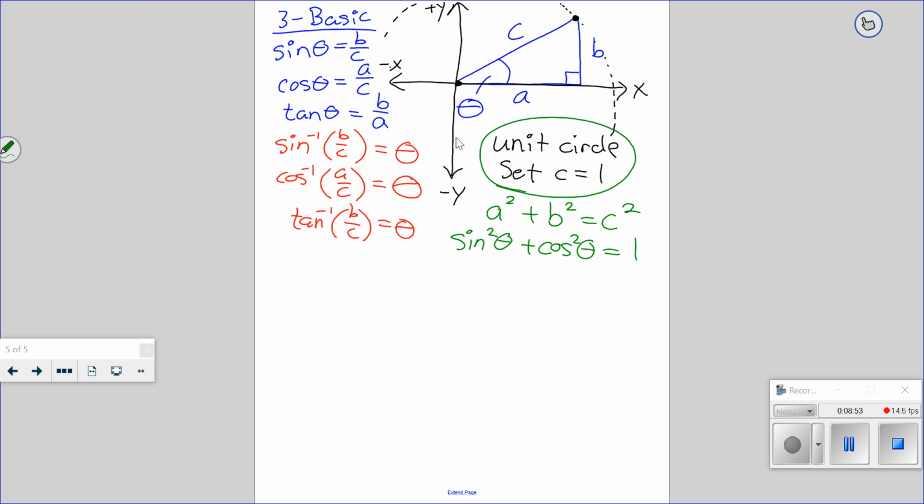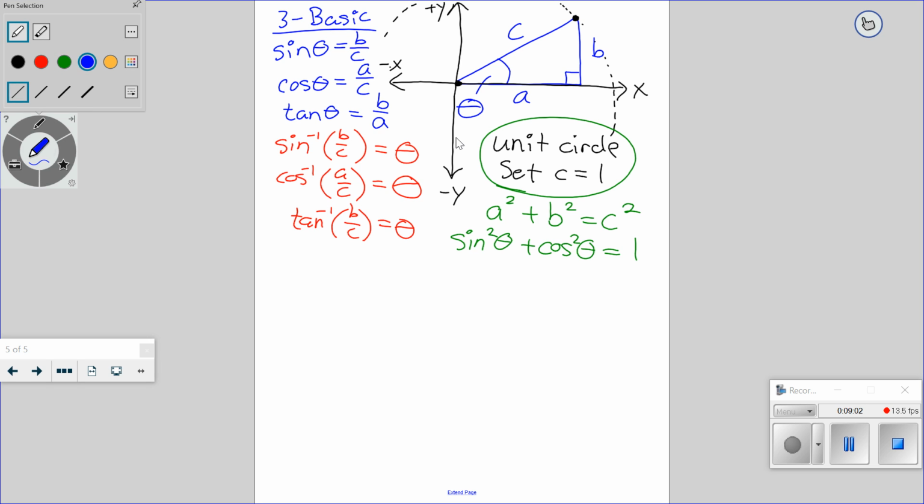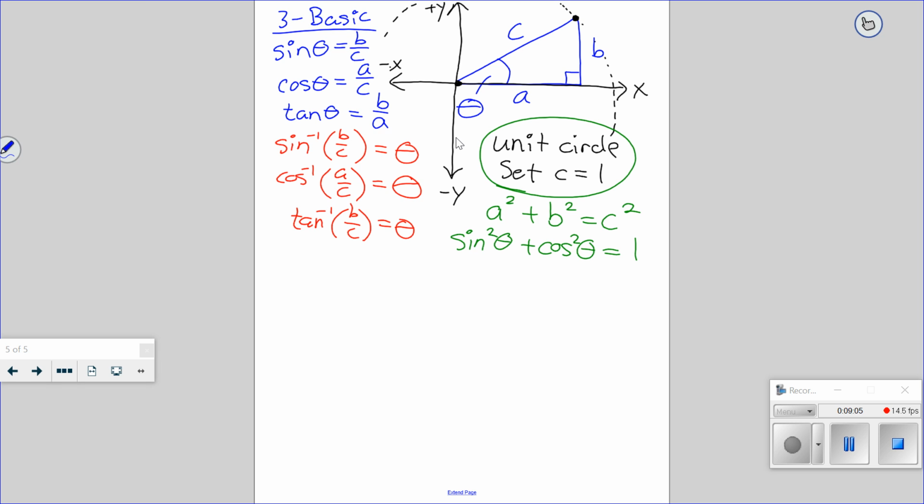But so the only reason to study the unit circle would be to learn common values. And I like to list them. Like if you have 30 degrees, then your sine of 30, cosine of 30, what else do we want? Maybe tangent? Sure. Okay.